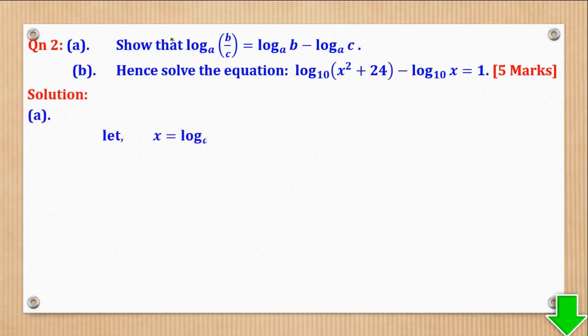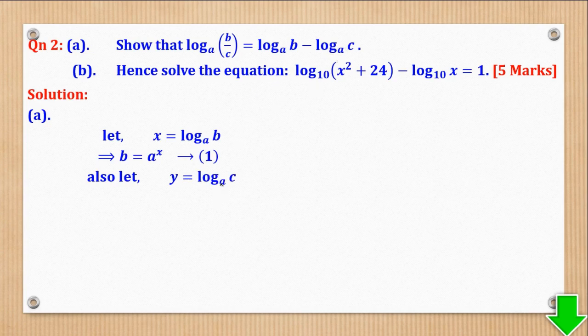For part A, we are going to let this be equal to x and this be equal to y. That implies that in this one, if I want to eliminate x, I'll say a to power x is equal to b, which gives equation 1. That is the rule in logarithms. Then also y equal to log base a of c.